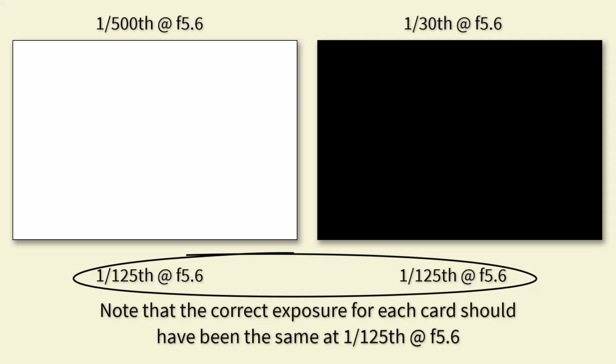To record the black card as black, I have to decrease the exposure 2 full stops. That's halving the exposure twice. Now I can do this by speeding up the shutter speed from the original 1/30th of a second to 1/60th and then 1/125th of a second. A faster shutter speed, of course, reduces the light captured from the black card.